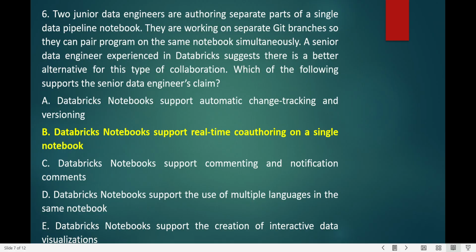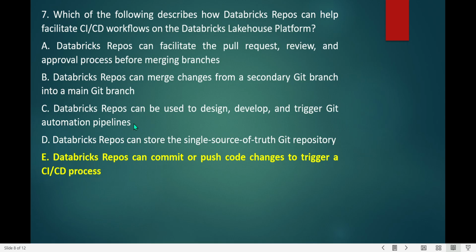Databricks notebooks support real-time co-authoring on a single notebook, so it is directly relevant to the scenario. It enables live collaboration, which avoids the complexity of Git branches for simultaneous editing. So this feature is what the senior engineer is suggesting.